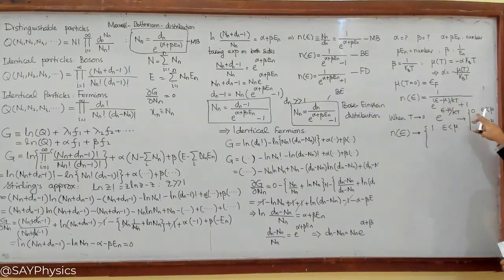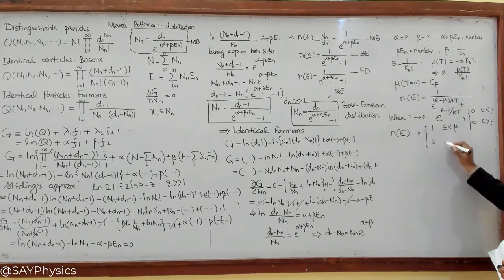Because in that situation it will become 0, right? So this whole term will be 0 plus 1. So 1 over 0 plus 1. So it will go to 1. And it will go to 0 if energy is greater than mu.